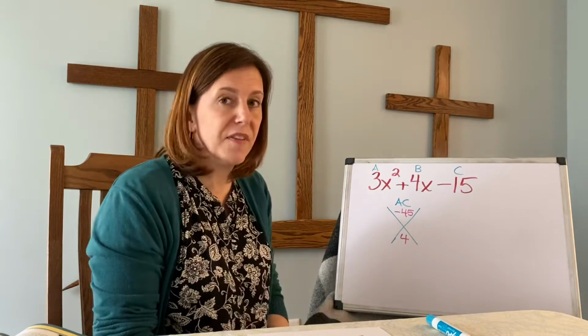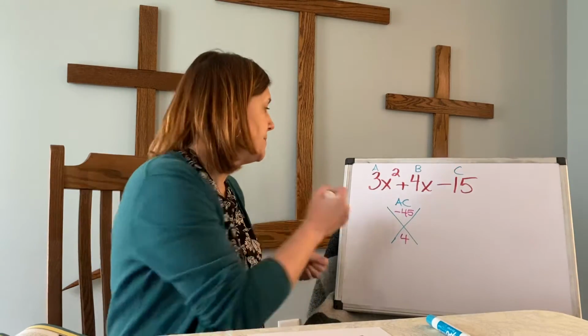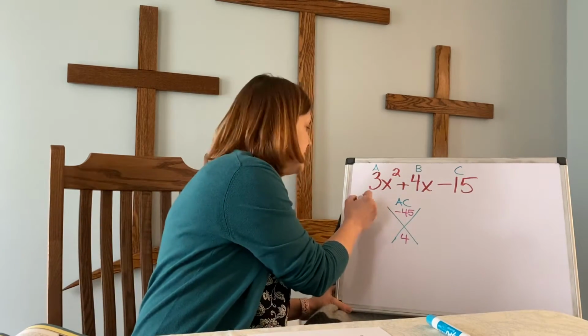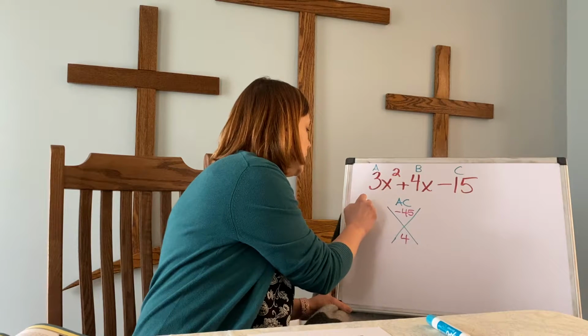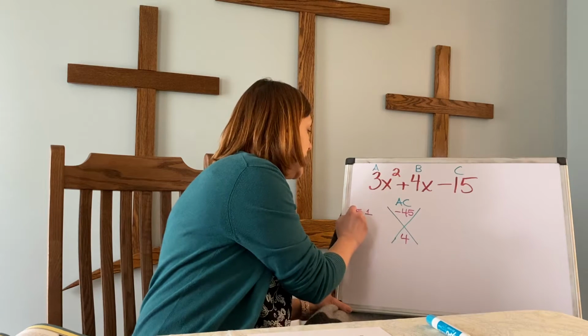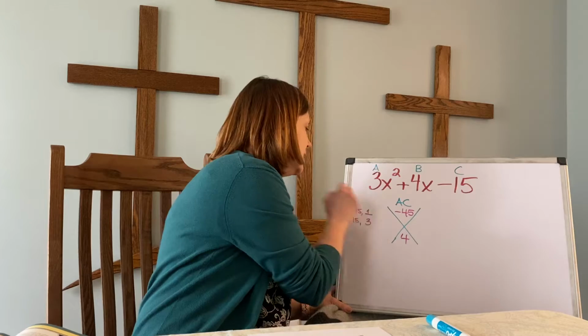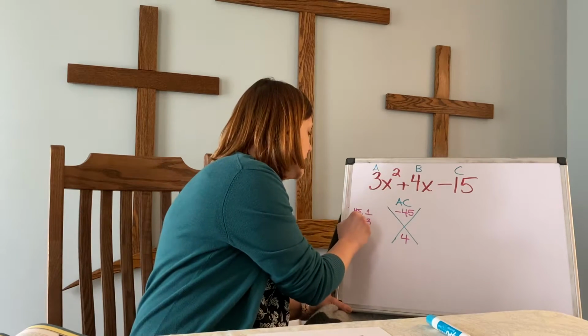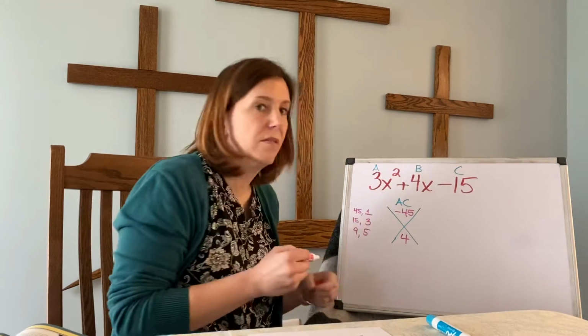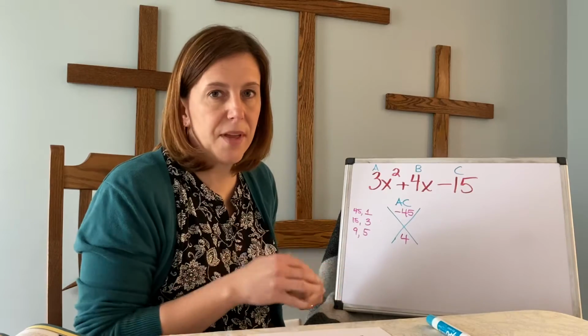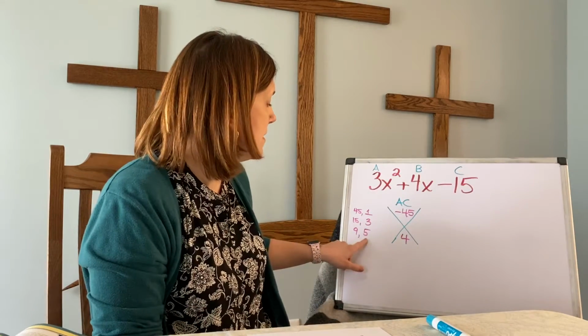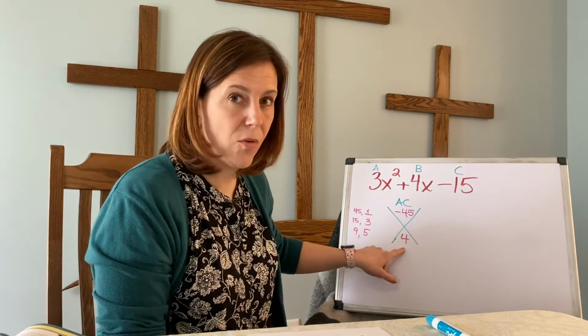So if I talk about the factors of 45, there's a few of them. Let's see, we have 45 and 1. We have 15 and 3. We've got 9 and 5. Okay, I can stop there because if I look at 9 and 5, somehow I'm going to get 4.